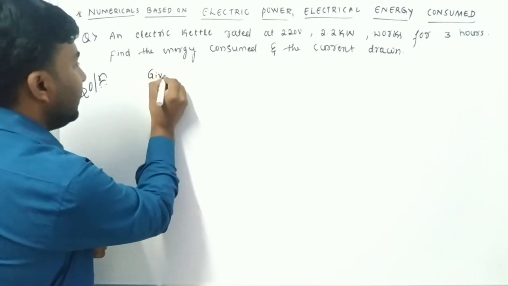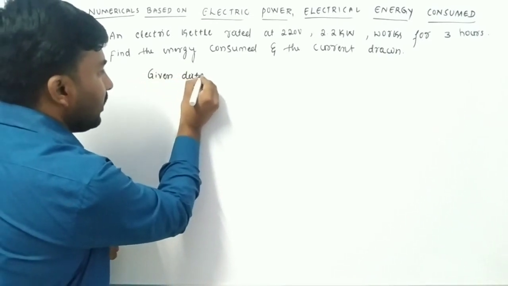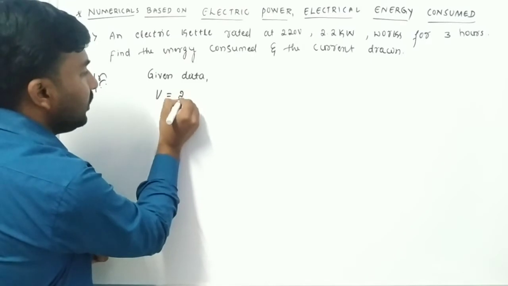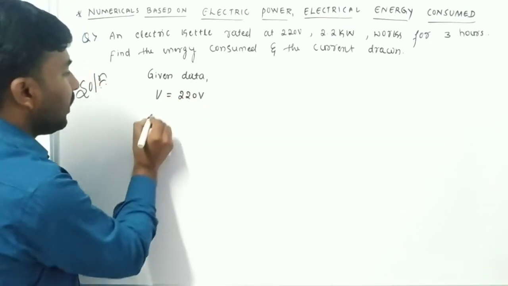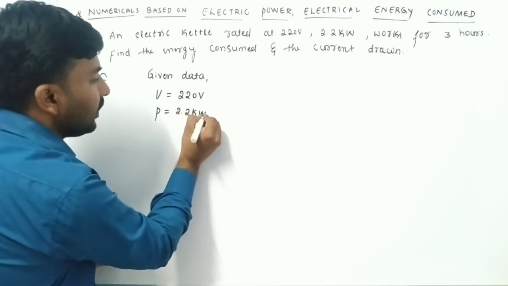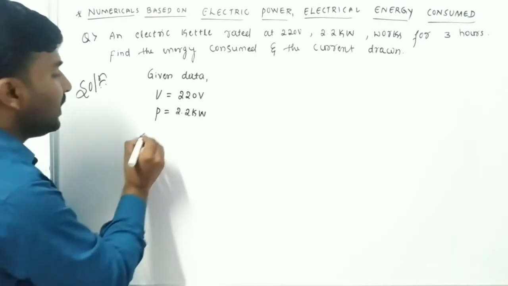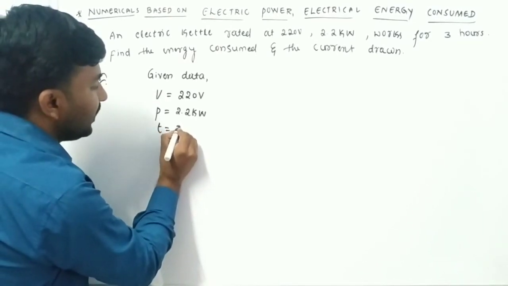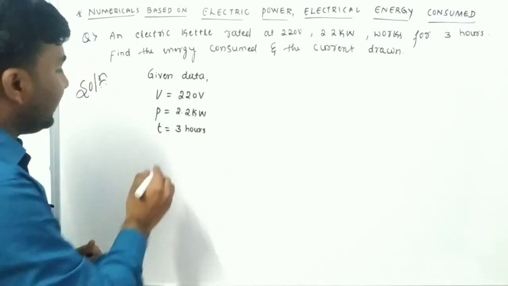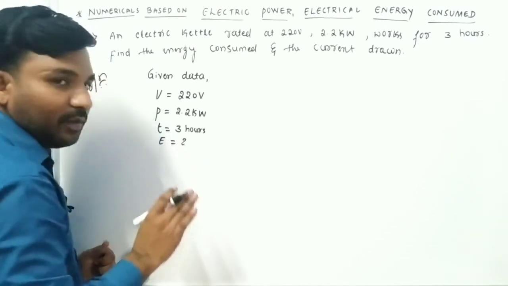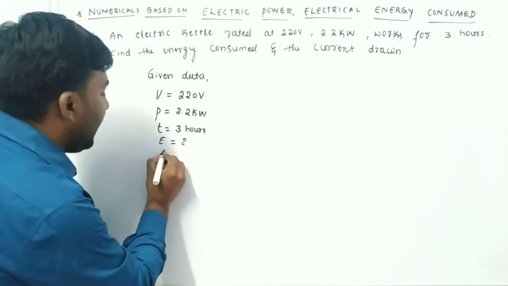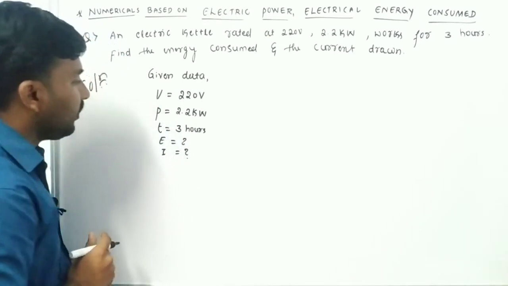Given data: voltage is equal to 220 volt, power is equal to 2.2 kilowatt, and it works for 3 hours, that is time is equal to 3 hours. We have to find energy consumed, E is equal to question mark, and the current drawn by this electric kettle, I is equal to question mark.